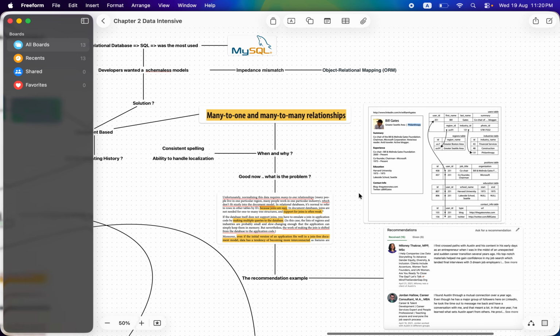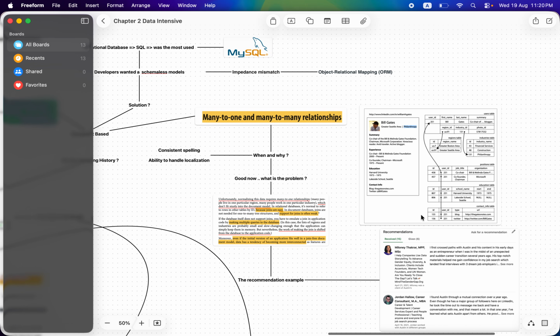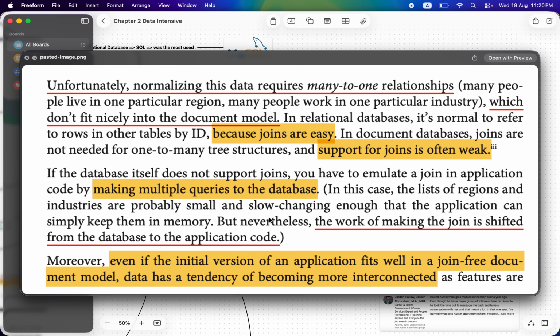But then we had the problem of duplication and inconsistencies, and to solve it we actually need to use many to many relationships. But there was a problem that normalizing this data requires many to one or many to many relationships, which doesn't really fit into the document model, because document based models don't really support joins.